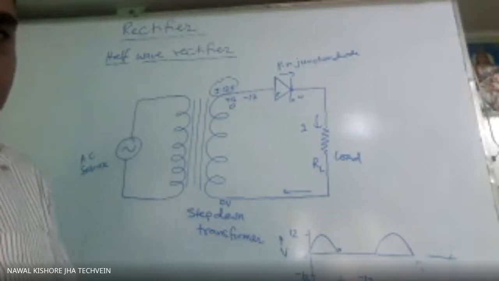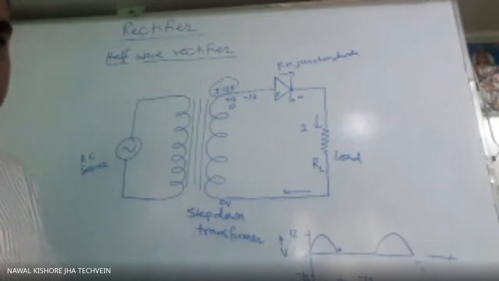Why are we saying half wave rectifier and how is it done? Which property are we using? That is the property of the junction diode. As we know, the resistance of a junction diode is very high when it is reverse biased.